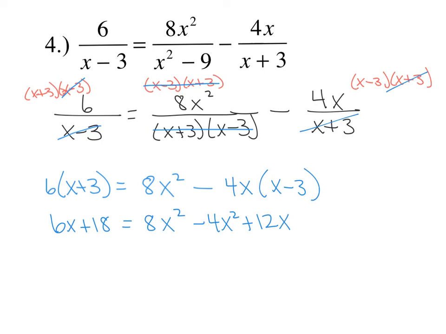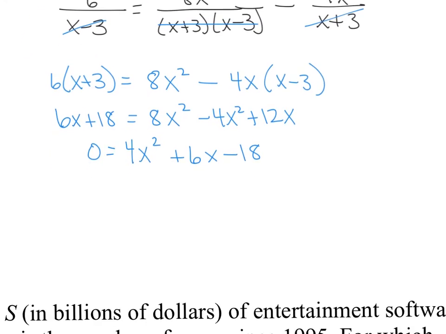And again, I have a quadratic, so I'm going to have to move everything to one side. Since all my quadratic terms are on the right, I'm going to have my 0 on the left. So I'm going to move everything over. That will leave me a 4x squared and a 6x and a negative 18. There is a greatest common factor.